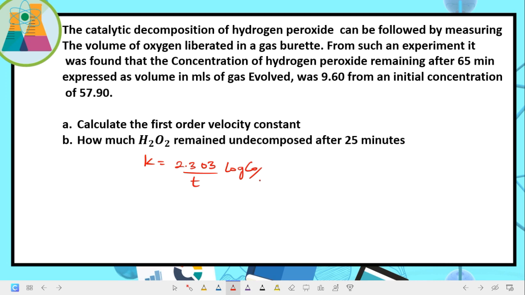Now, we are told that the half-life is the time it takes to reach half of its initial concentration.